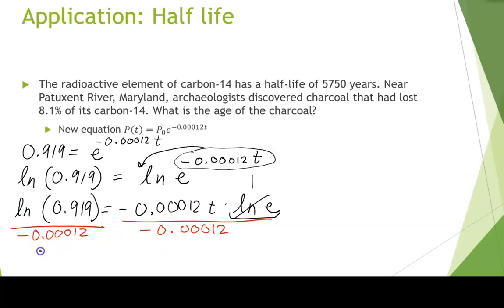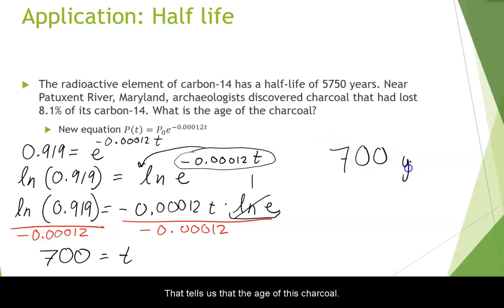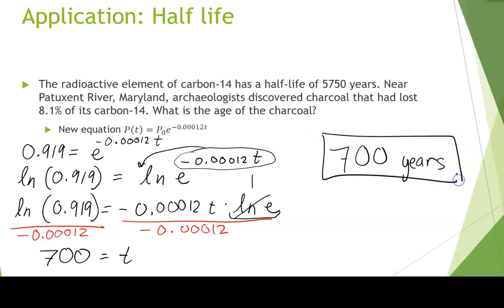Dividing this, we end up with approximately 700 equals t. It actually works out to be 700.7155, but with a rounding error. That tells us that the age of this charcoal is about 700 years old.